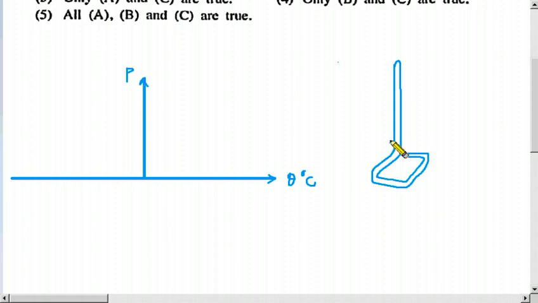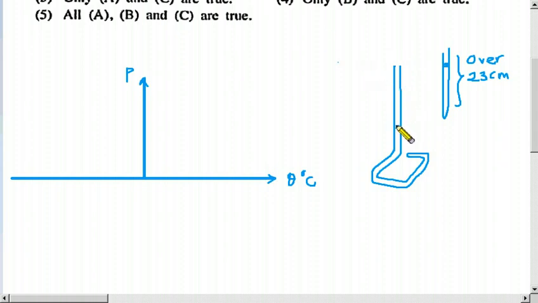You must have done this, or the simple form is this one: just a tube of about 23 centimeter length, and also a small mercury column. This side should be open to the atmosphere.